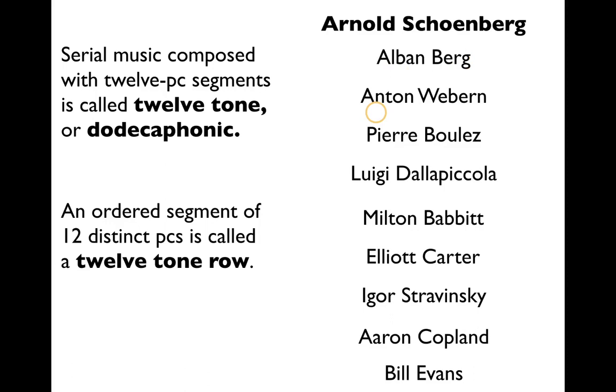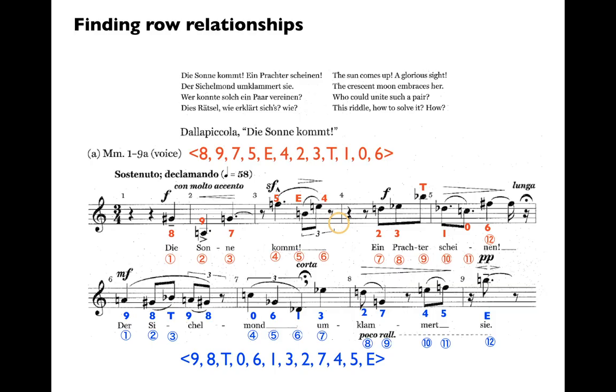This is a list of other composers who have also composed in 12-tone rows and other types of serialistic ways, just as a way of giving some context. So our row relationships here are shown in measures 1 through 9 in the voice.